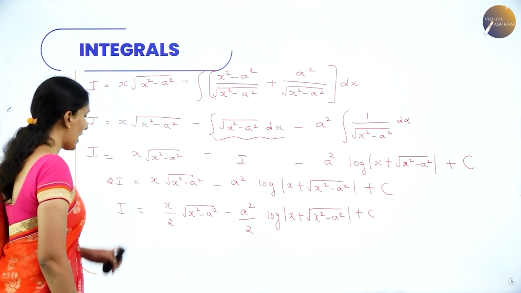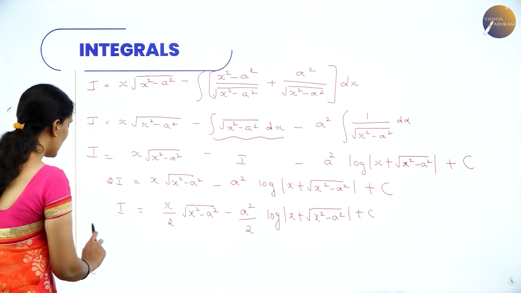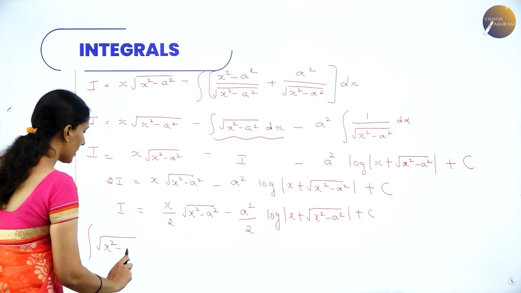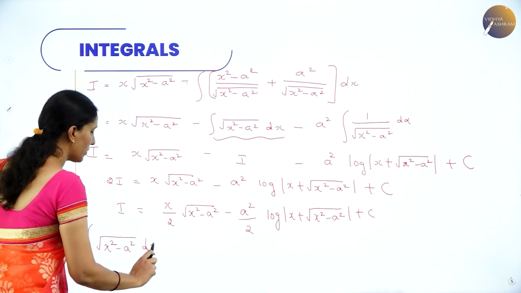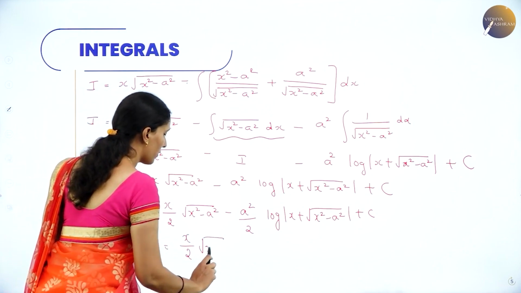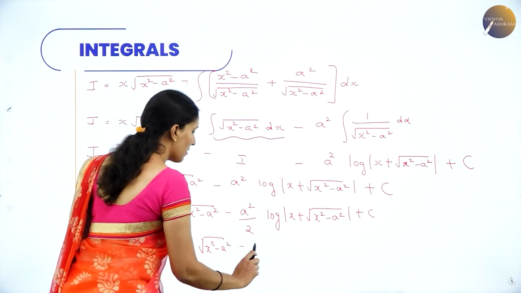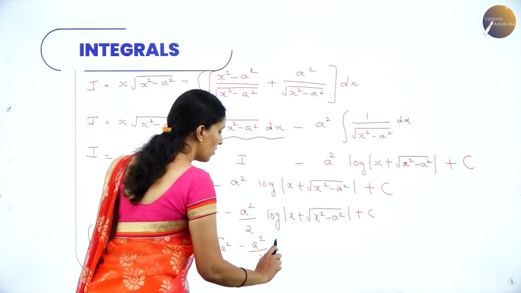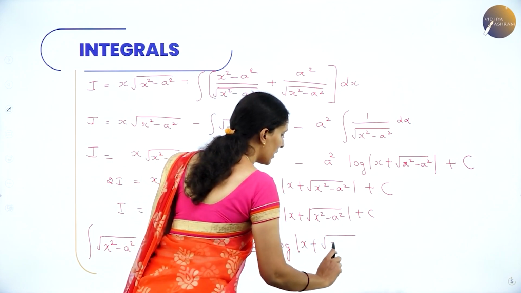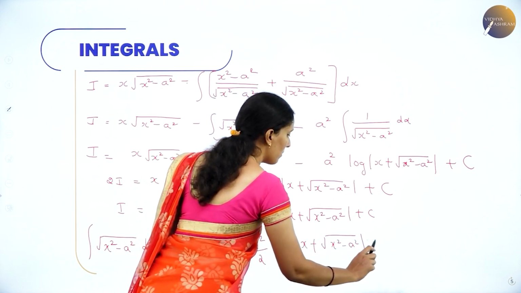So what is I we have taken? I we have taken as integral of square root of x square minus a square with respect to dx. So this is equal to x by 2 root of x square minus a square minus a square by 2 log of modulus x plus root of x square minus a square plus c.